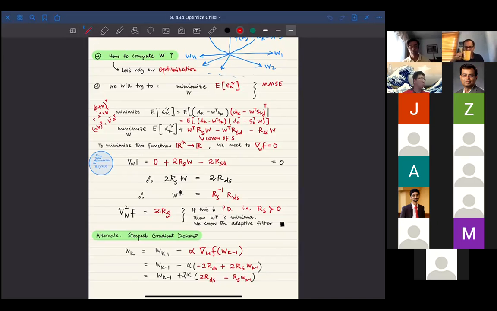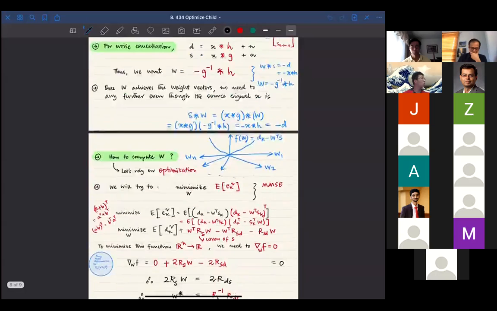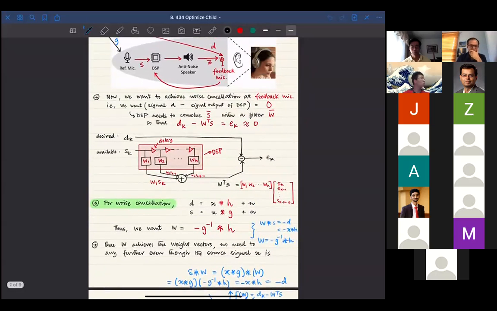Could I ask a quick question? Yes, please. So I understood the math and the intuition behind what we were talking about with the adaptive filtering, but I had a question about a specific sign that we chose.